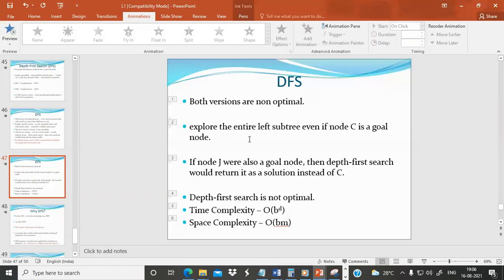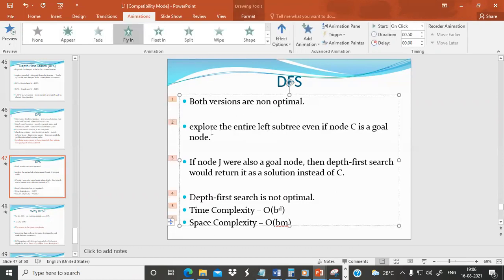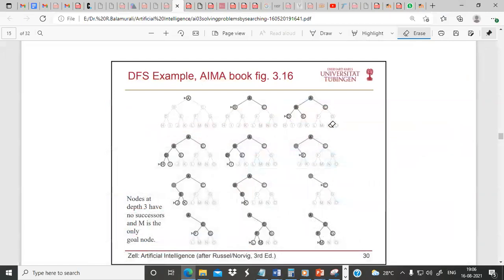But before that, there is a drawback with DFS that we will address. The DFS algorithm may explore the entire left subtree even if node C is the goal node. Assume that in this tree C is the goal node.